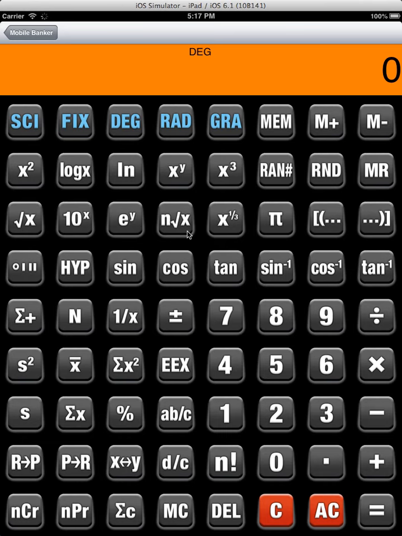It has scientific notations, ability to specify and perform mixed mode operations, and then it has three probability functions: NCR, NPR, and factorial.